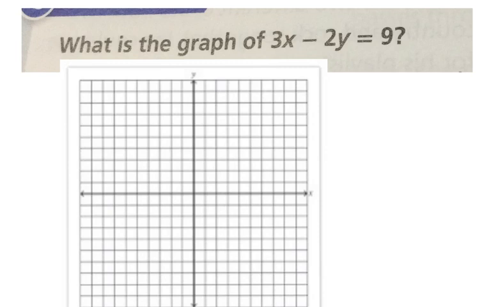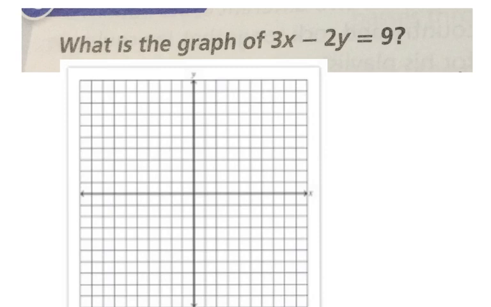So that's one thing you could do. You could put it in slope-intercept form and then graph from there. That's always an option. I could make it look like y equals mx plus b and then graph it. But I don't want to do that this time. I'm going to show you a different way that you can graph that sometimes might be somewhat useful, but it's not always.